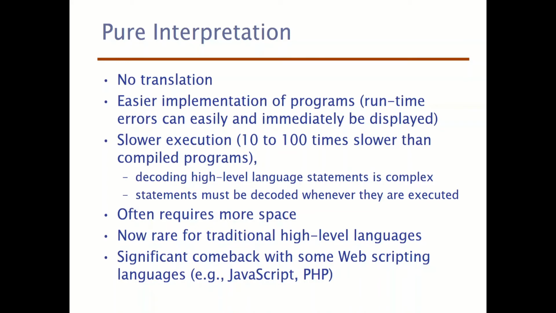So this is the basic idea. Now, initially pure interpretation was available with languages like Perl in the 70s. Somehow it didn't thrive much through the 70s, but it came back with scripting languages like JavaScript and PHP.